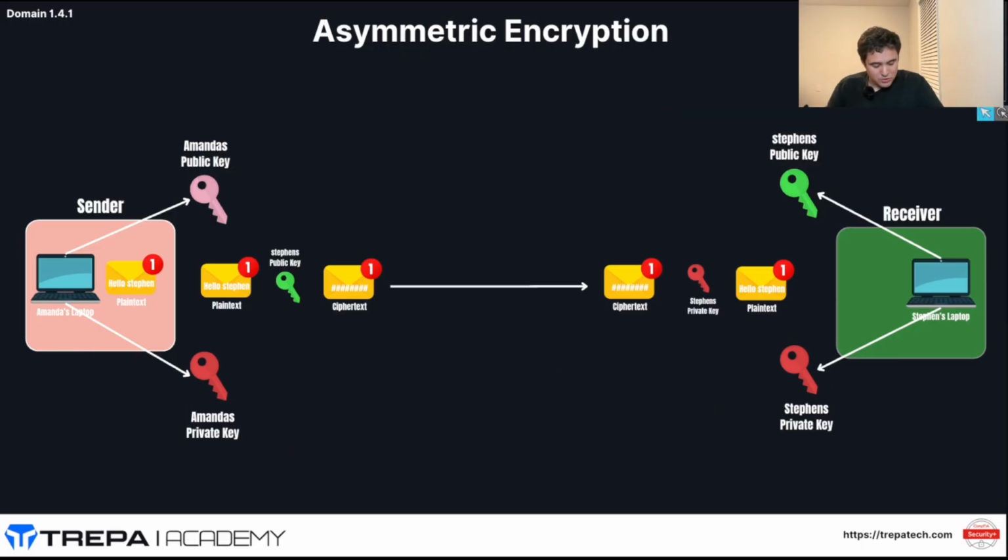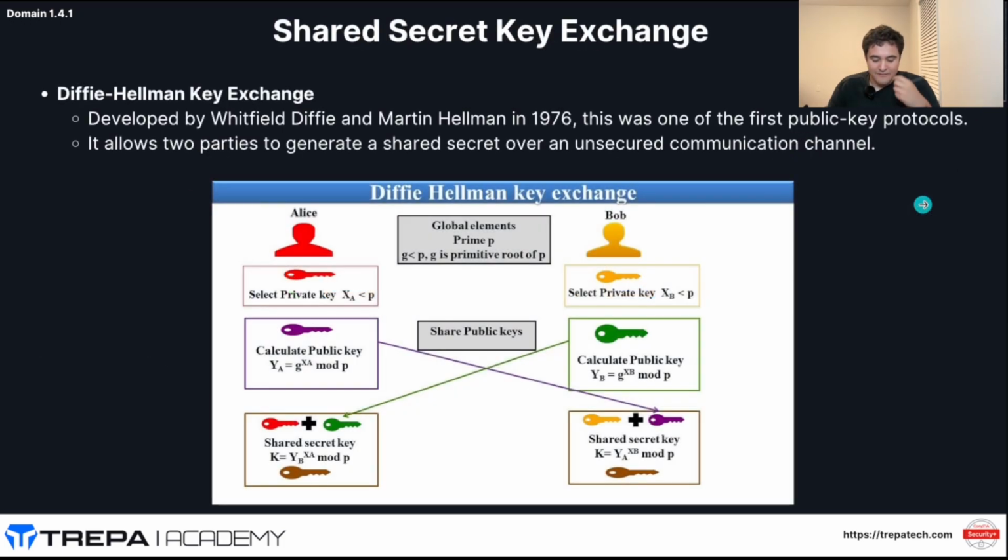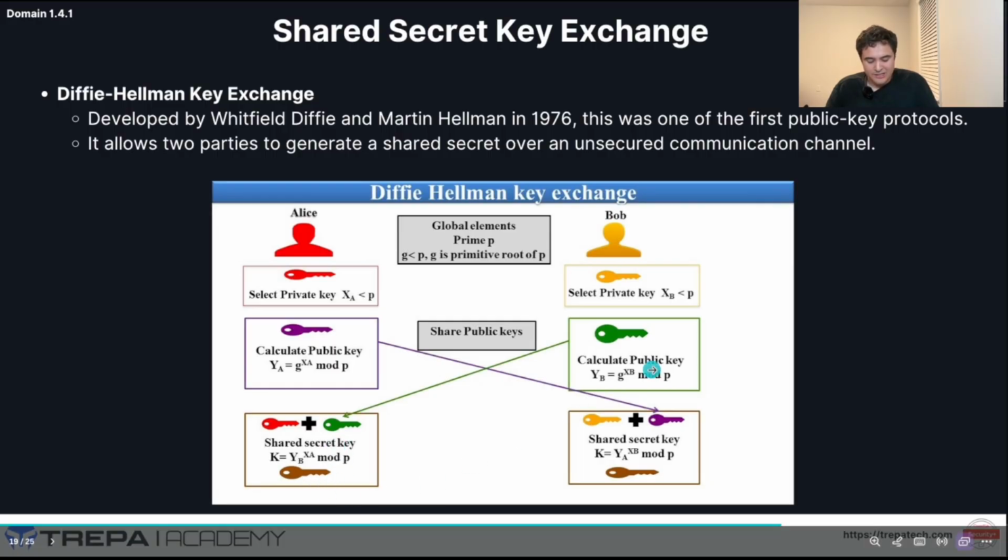Now, if that didn't make too much sense, on this slide I have an example of shared secret key exchange using Diffie-Hellman, and you can see it's doing the same thing again. Alice and Bob here, we have some different names, but Alice has her private key, Bob has his private key, he has his public key, and Alice has her public key. Alice is going to take her private key and Bob's public key and create a new shared secret key.